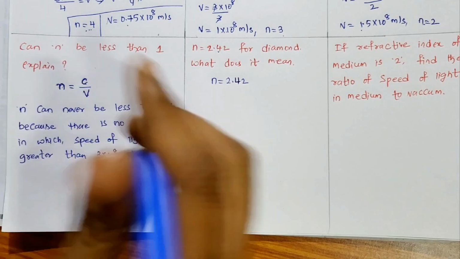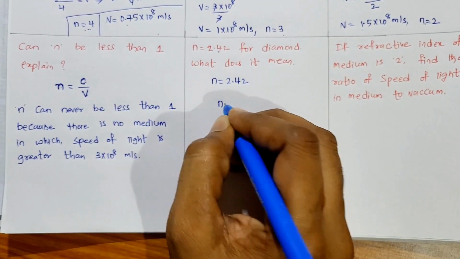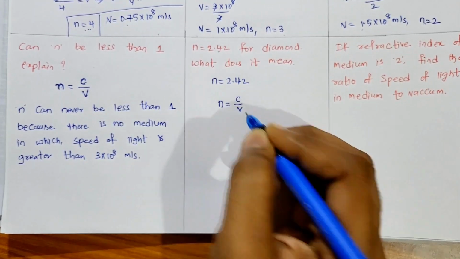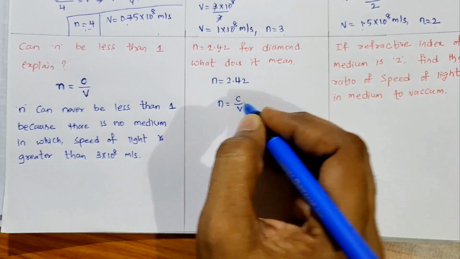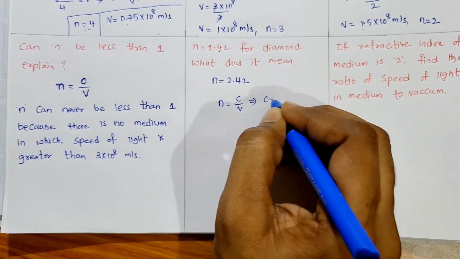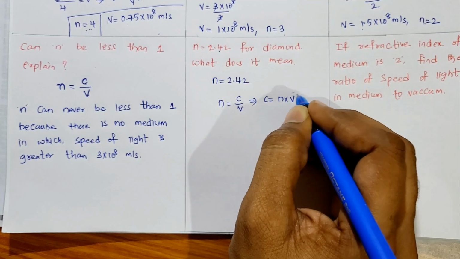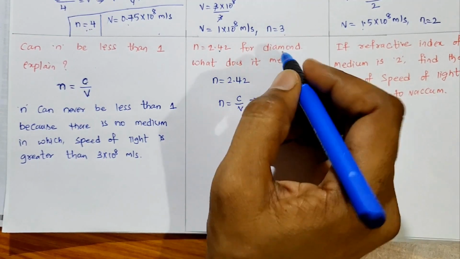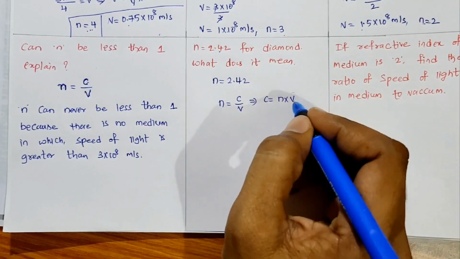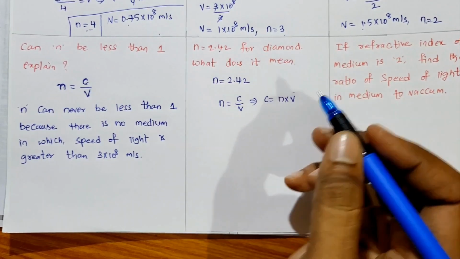What does it mean? We know N is equal to C by V, which implies C is equal to N into V. What is V here? V is the speed of light in diamond.